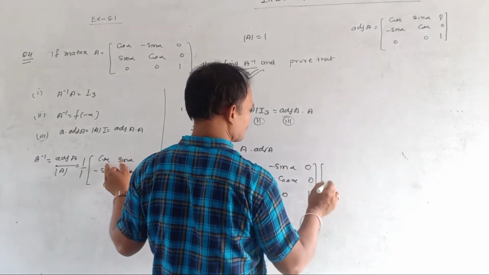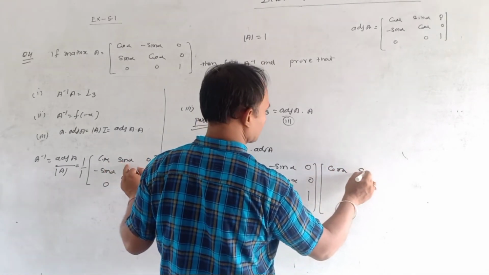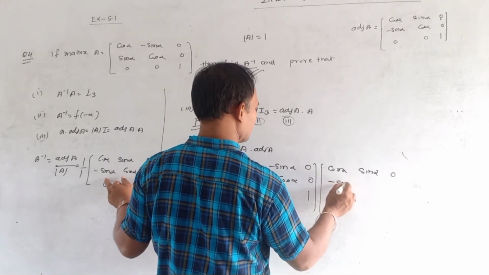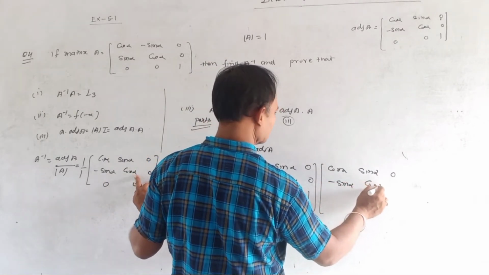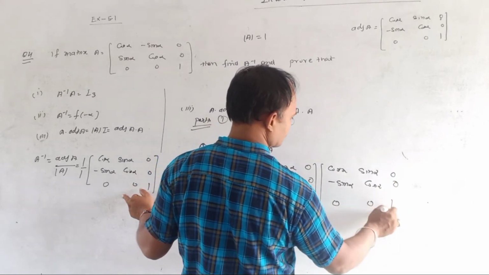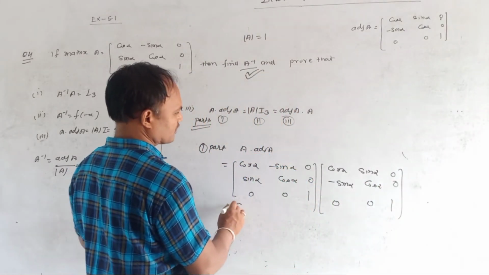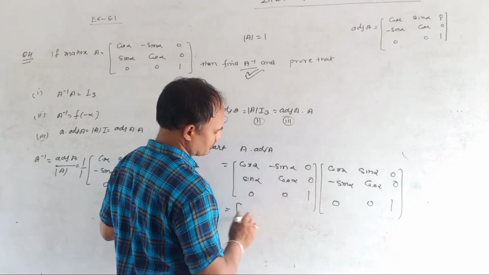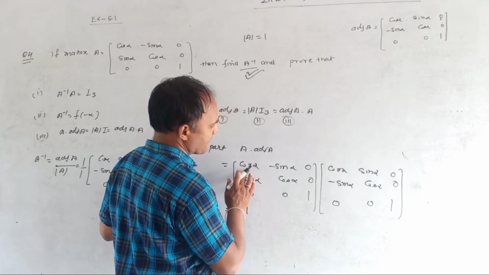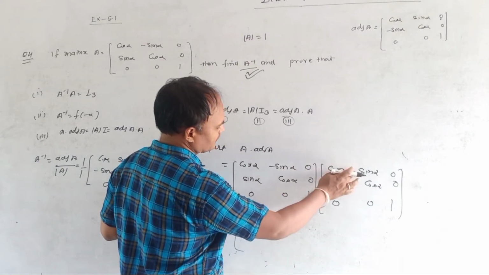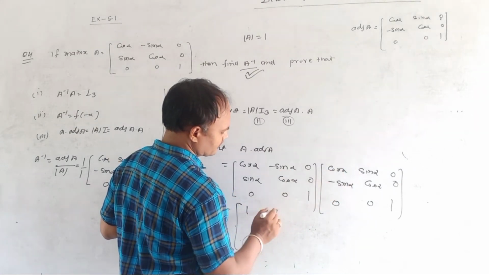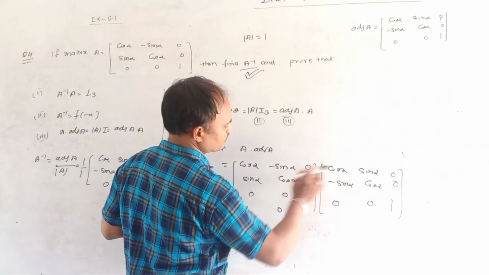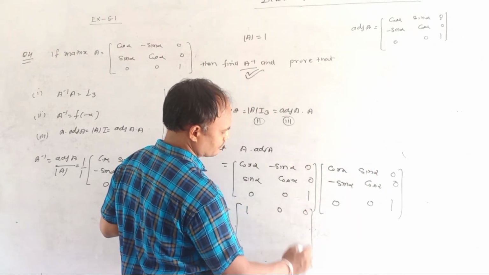Adjoint of A is cos alpha, sin alpha, 0, minus sin alpha, cos alpha, 0, 0, 0, 1. So what about here? It is cos square alpha plus sin square alpha, and we can say that it is 1. Cos alpha sin alpha minus sin alpha cos alpha gives 0. Cos alpha into 0, sin alpha into 0 and 0 into 1 is 0.